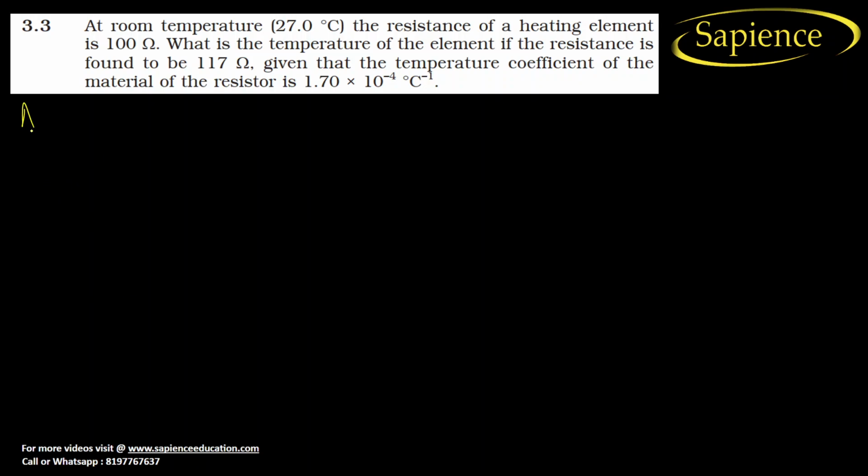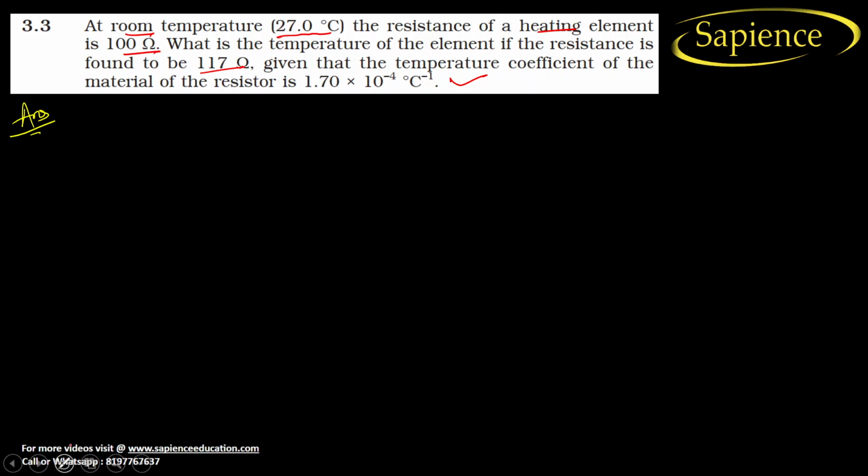Our next question is: at room temperature 27 degrees Celsius, the resistance of a heating element is 100 ohm. Find the temperature of the element if the resistance is found to be 117 ohm. Alpha, the temperature coefficient, they have provided you.